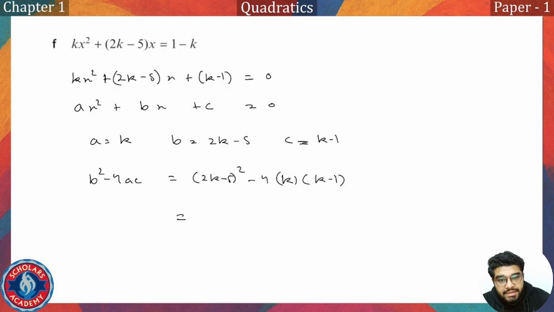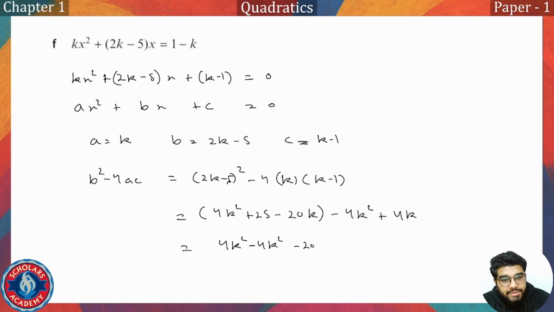So squaring it, what I get is 4k square plus 25 minus 20k and minus 4k square plus 4k, right? So if I open it up, 4k square minus 4k square minus 20k plus 4k plus 25, it is equal to negative 16k plus 25, right?